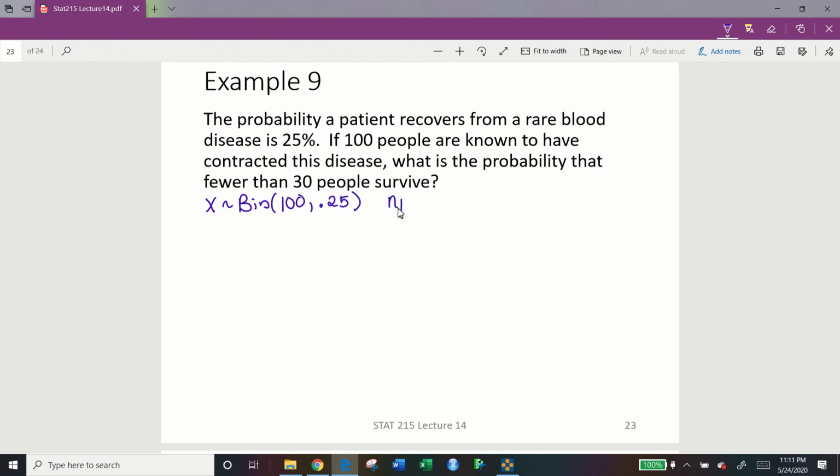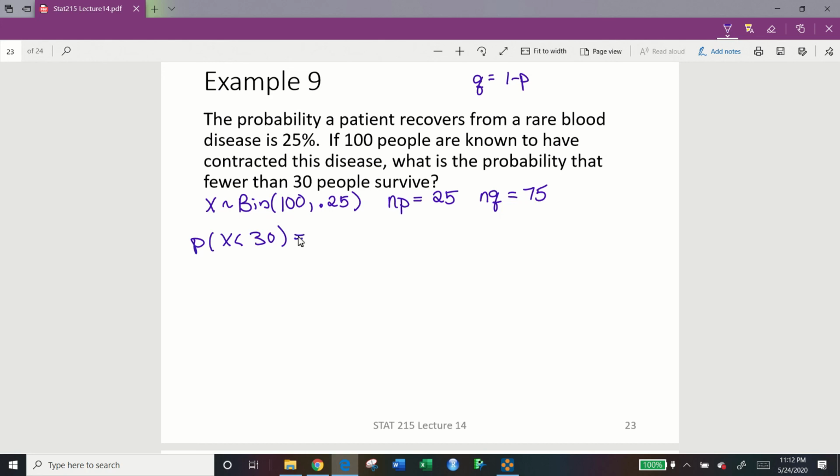This will imply that our np is going to be 25 and our nq, remember, q is equal to 1 minus p. I'm most comfortable using q as opposed to 1 minus p. I think it looks neater, but it's a personal preference. And so nq would be, in this case, 75.